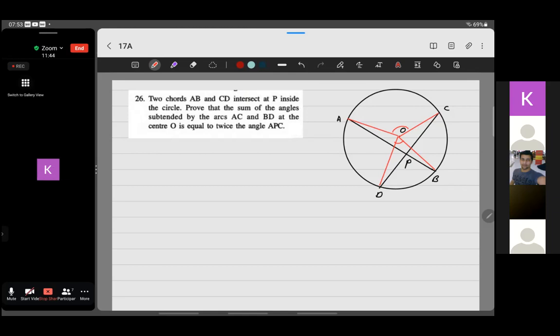In the figure given alongside AB parallel to CD and O is the center of the circle, if ADC is 25 degree. Figure is given.